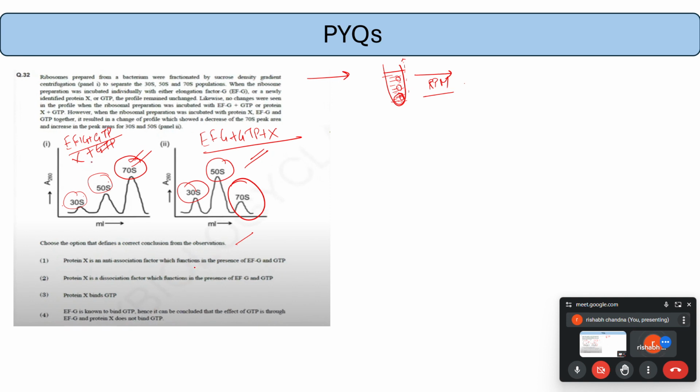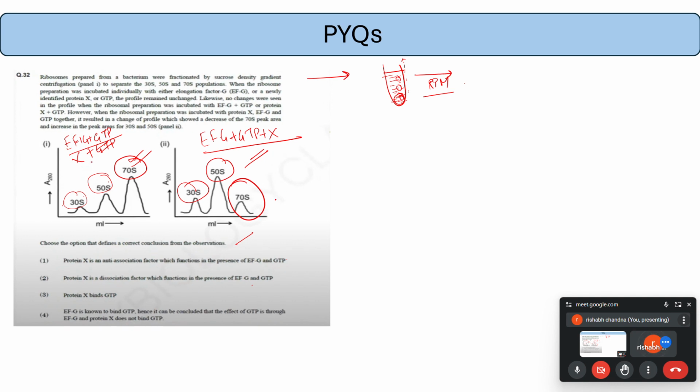Option one: protein X is an anti-association factor which functions in the presence of EFG and GDP. Option two: protein X is a dissociation factor which functions in the presence of EFG and GTP. Option three: protein X binds GTP.